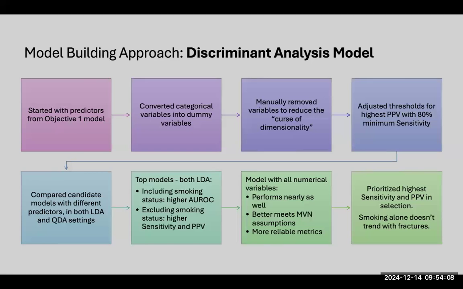I also found a model with all of the numerical variables, and it performed nearly as well, which better meets the assumptions of multivariate normal predictors in this type of model, and it potentially will produce more reliable metrics. So in selecting a model, I prioritized the highest sensitivity and PPV, and I did that because smoking alone doesn't seem to trend with fractures.